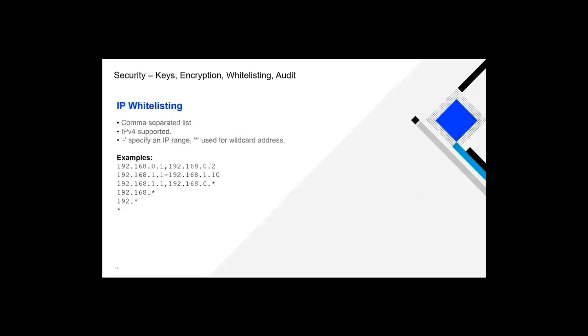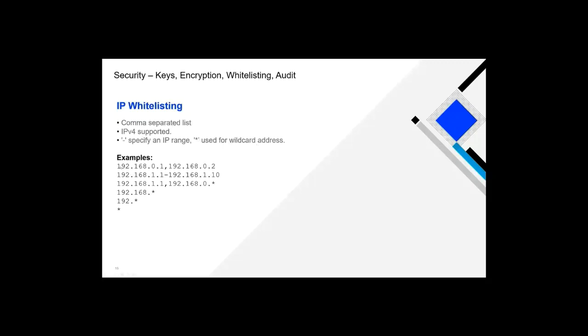The next one is IP whitelisting. It's a comma separated list. Only IPv4 is supported for the time being. And then I can specify an IP range, or I can do with the wildcard with the star.